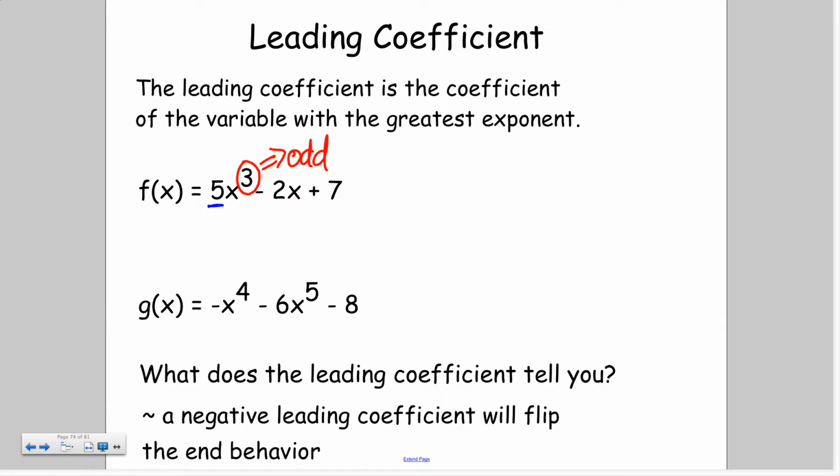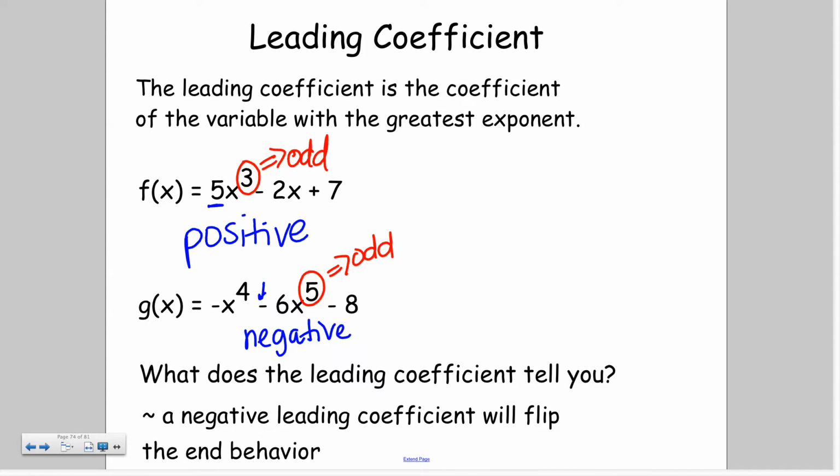The important part about that 5 is that it's a positive 5. In the next one, I've got an exponent of 5, which is still odd, so my ends are going to do opposites. And it is a negative. The coefficient's negative, so that means my end behavior, where my ends are going, is going to flip. It's going to be the opposite of them.